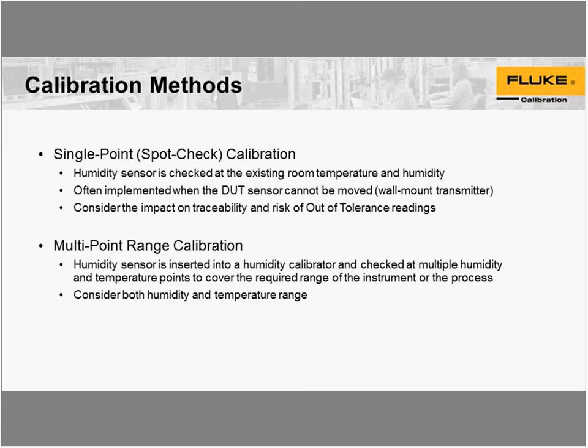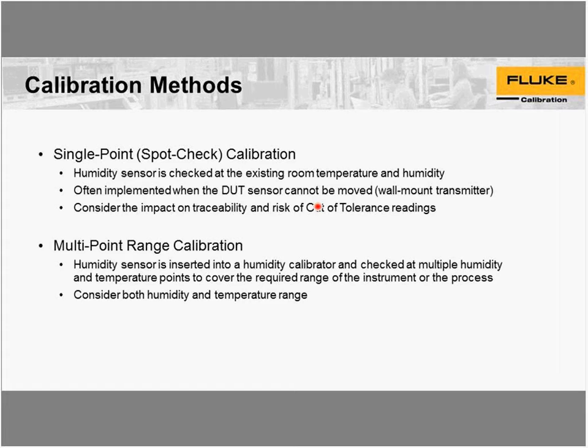This is where you go to a factory and you have a humidity sensor on a wall or installed in a system, and you basically spot check it at the current conditions, not able to change the temperature or humidity, and so only able to spot check it. And then the other side of things is a multi-range calibration, a typical calibration that we're more used to seeing.